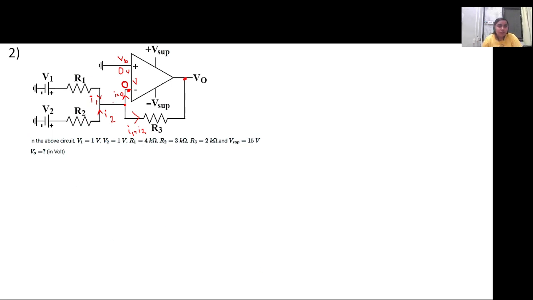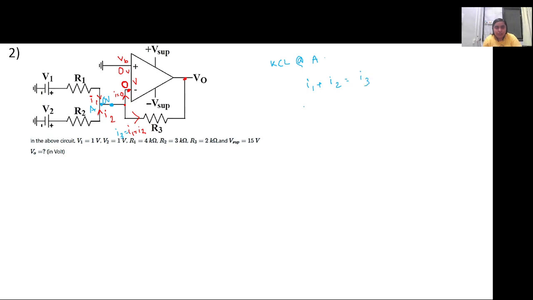So this node voltage will be equal to 0 volt. Let this node be A. If I apply KCL at A, let the current in the feedback branch be I3. Using KCL, I1 plus I2 will be equal to I3.